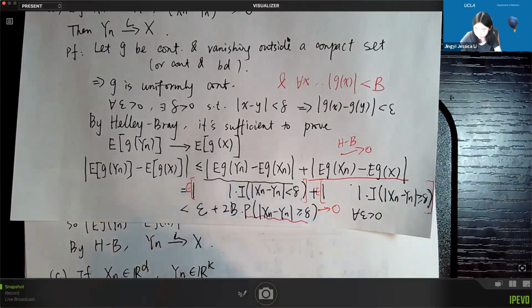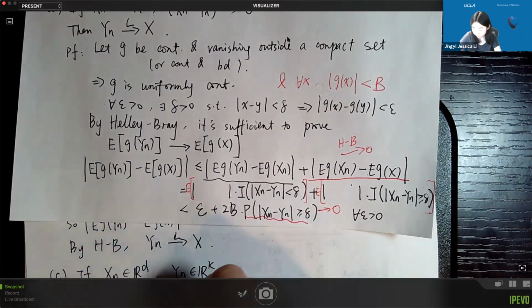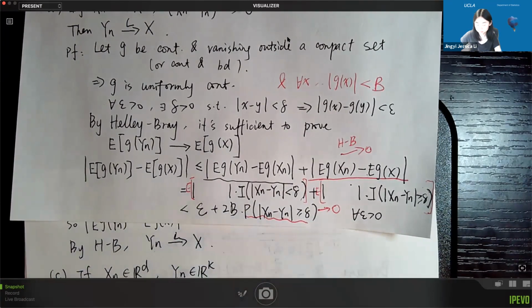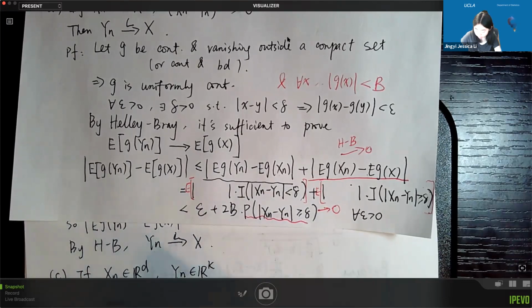And if we have Xn converge in law to X, Yn converge in law to some constant vector c, then we can have (Xn, Yn) jointly convergent to this limit in law.